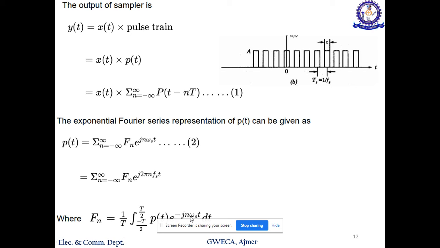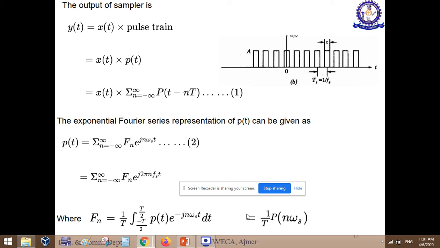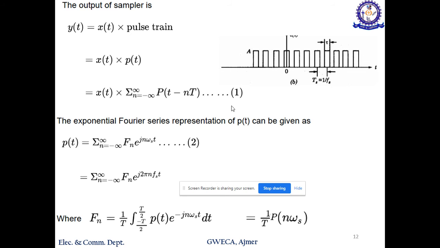This is the simple formula to get the Fourier transform. After solving this, you get 1 upon Tp and omega s. In the previous case, the case of the impulse function, when you solve all this, you get 1 over T. Here again I am taking the magnitude A equal to 1, so I get this 1 over Tp, n of omega s.